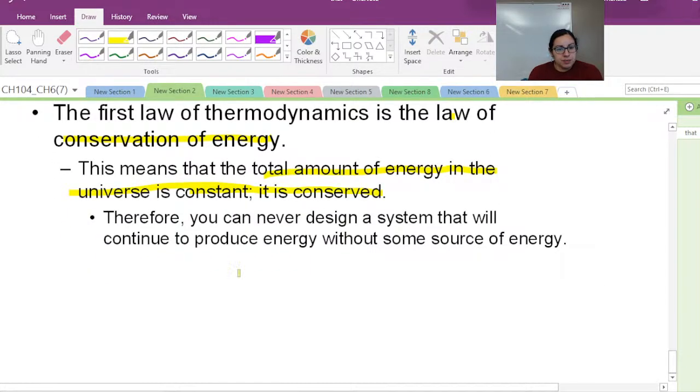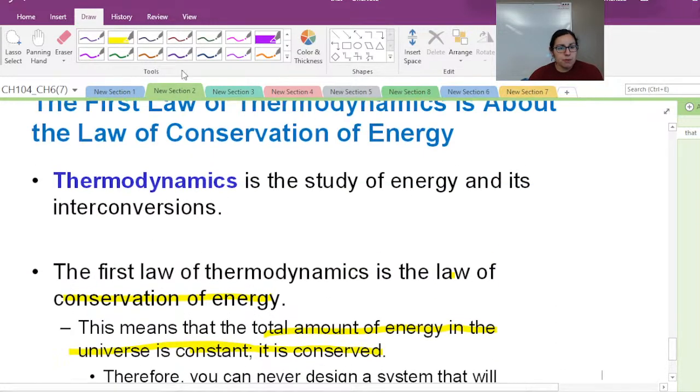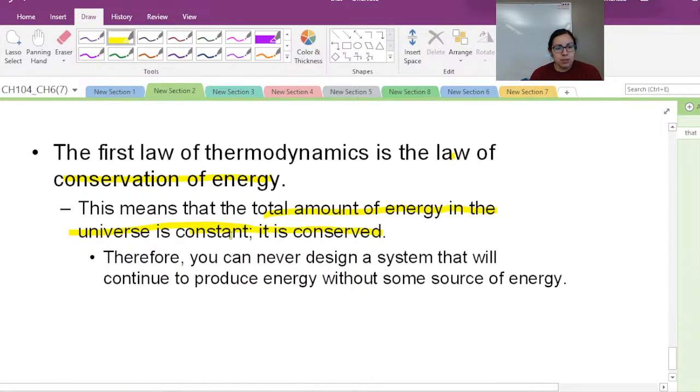And then from this first law of thermodynamics, this also tells us that we could never design a system that will continue to produce energy without some sort of source of energy. This goes into all those theories.